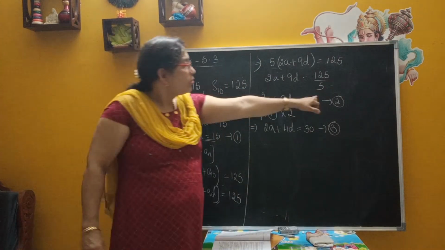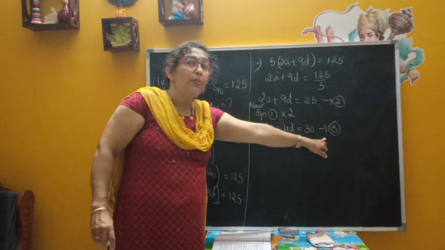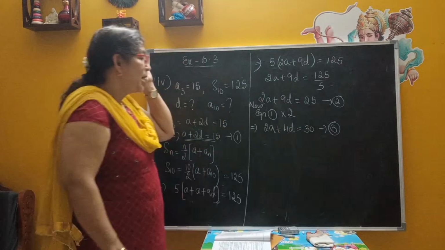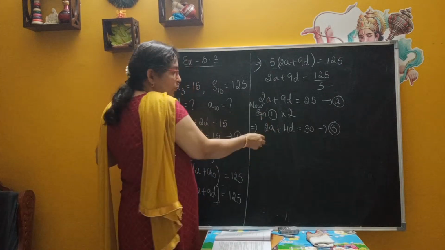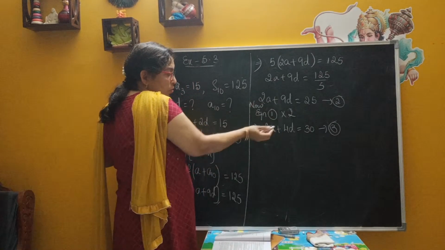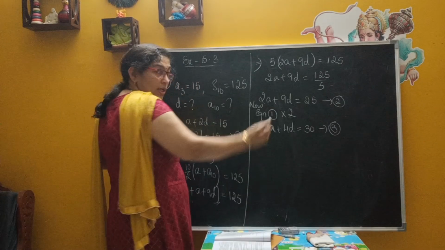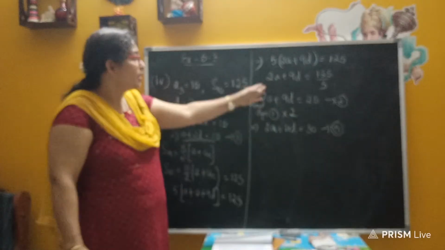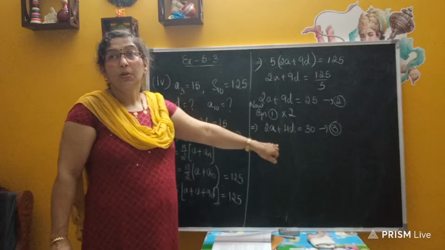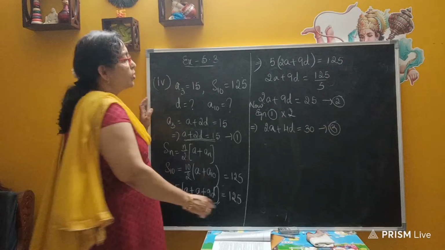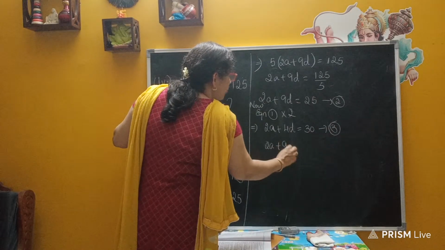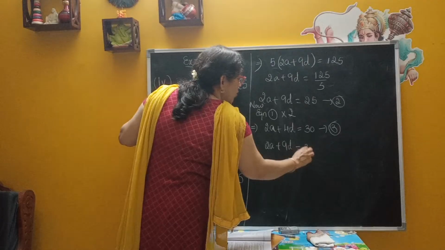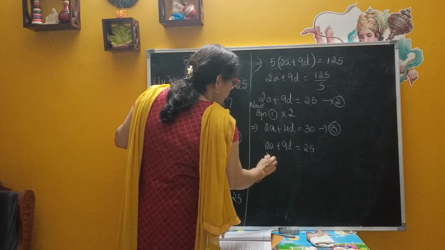Now, let us solve equations 2 and 3 by the elimination method. Elimination method means we need a common variable with a common coefficient. Which one? Here also 2A, here also 2A. But one is plus and one is minus. So, what to do to eliminate this term? I need to subtract because I need to change the sign. So, let me write in proper form, column-wise: 2A plus 9D is equal to 25 and here also 2A plus 4D is equal to 30.